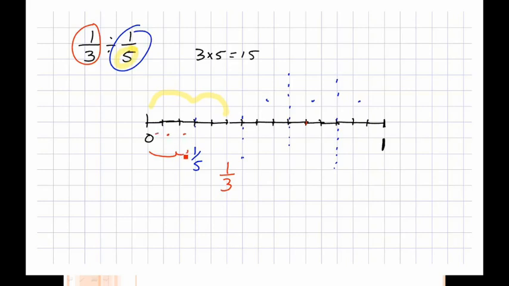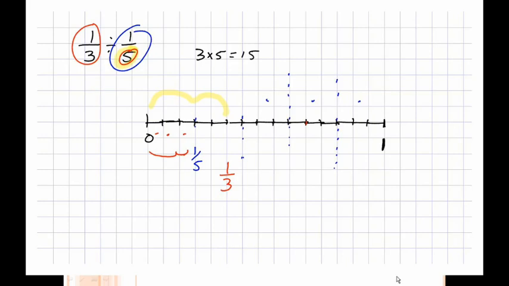So a pretty easy way to look at it, if you want to know where 1/5 is located, count over from 0, 3 units. If you want to know where 1/3 is, count over 5 units. So you just look at the opposite denominator. So that's kind of a quick way of looking at that.